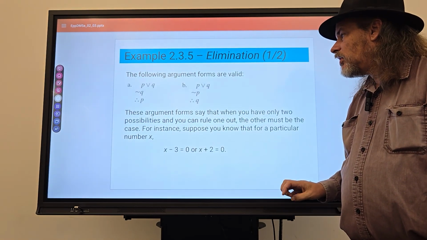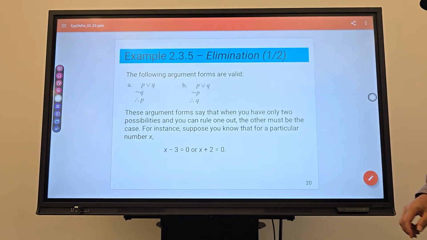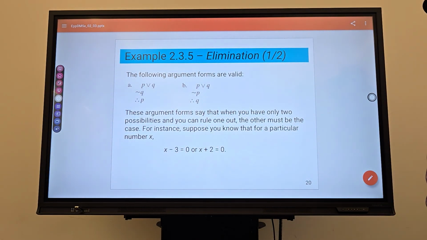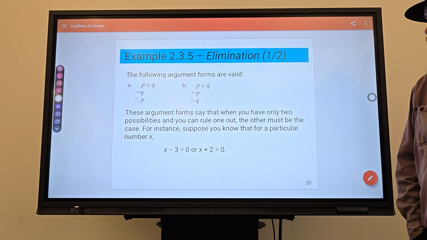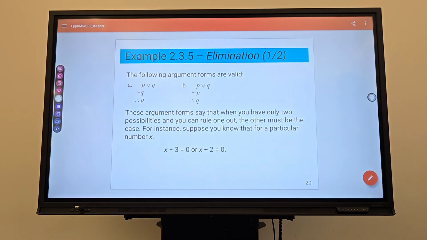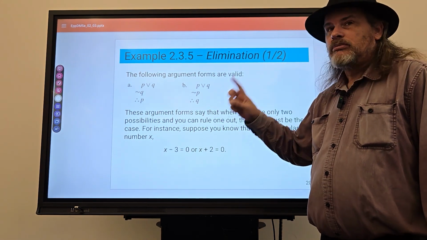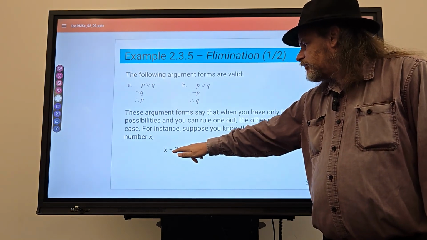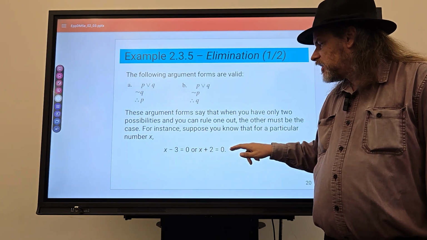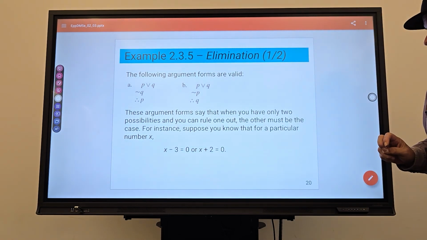The following statements are also true. If P or Q, and not Q, therefore P is true. If P or Q is true, one of them has to be true. But Q is not true, therefore P has to be true. Right? Okay? So for a particular number x, x minus 3 equals 0, or x plus 2 equals 0.